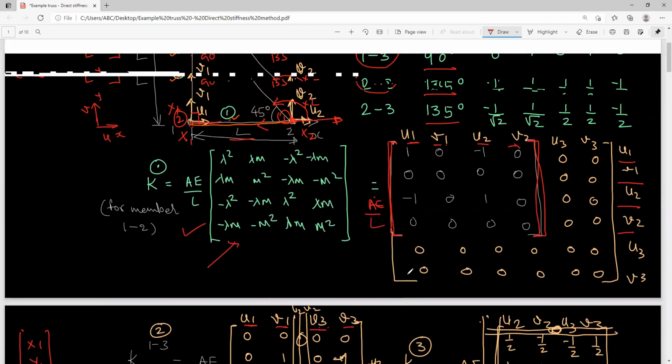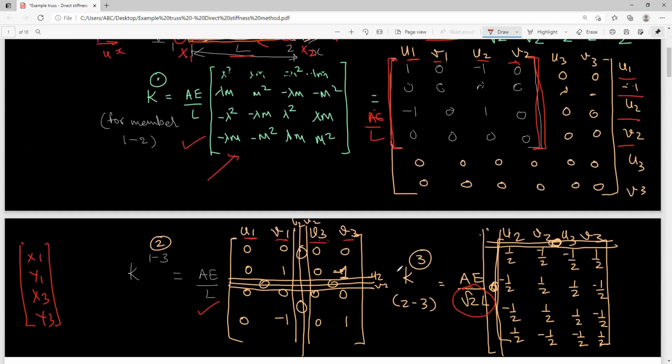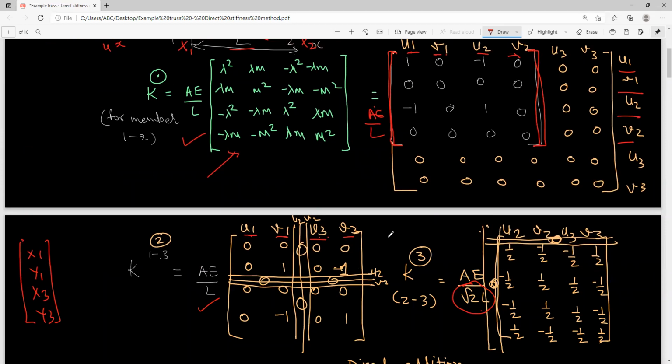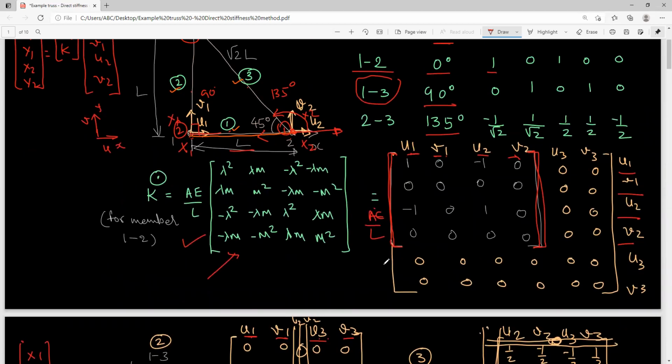So how is that possible? The 4 by 4 matrices cannot be added directly because the corresponding variables are different. What is the solution for that?